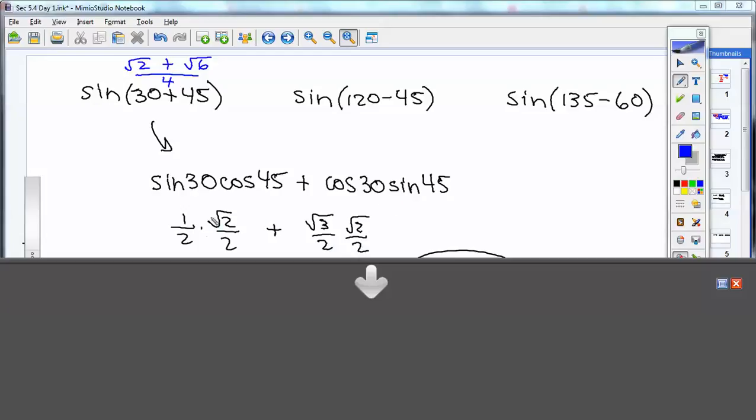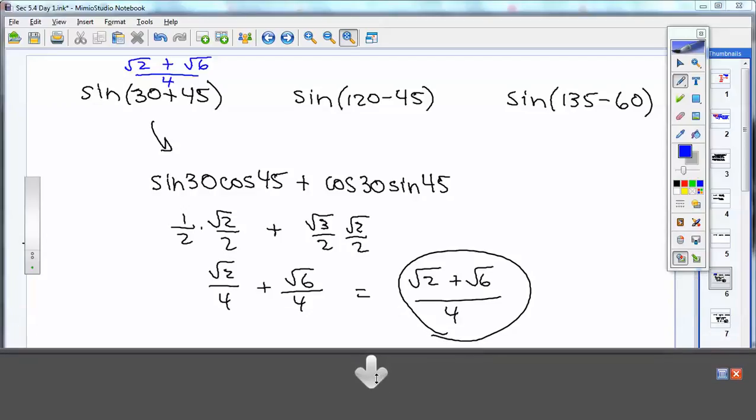When you multiply here, you get root 2 over 4. When you multiply here, you get root 6 over 4. You can multiply radicals. Root 3 times root 2 is root 6 over 4. Common denominators, we do this, but we can't add those together then, right? Root 2 plus root 6 is just root 2 plus root 6. That's all we can do.